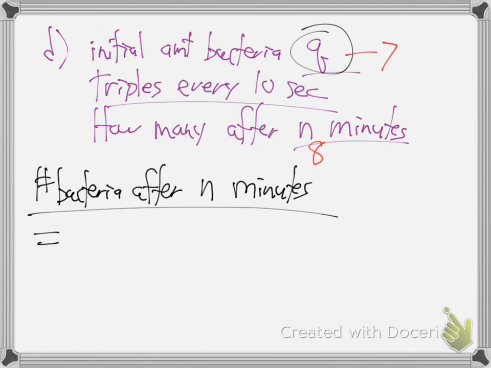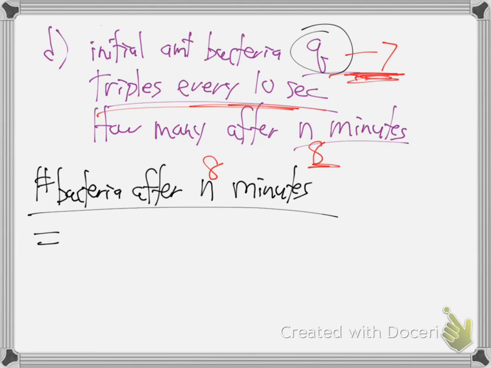Then be asking, if n is 8, they're saying, how many bacteria after 8 minutes? So figure out, it started at 7 bacteria initially. It triples every 10 seconds. How many bacteria after 8 minutes? Let me give you a second. So if they started at 7, what would I do with the 7? Figure out the number of bacteria.